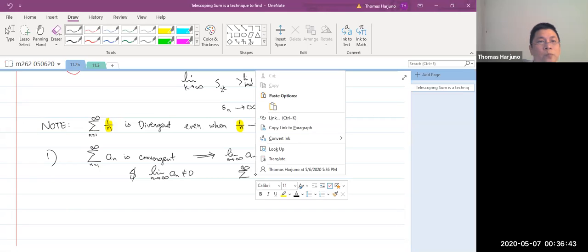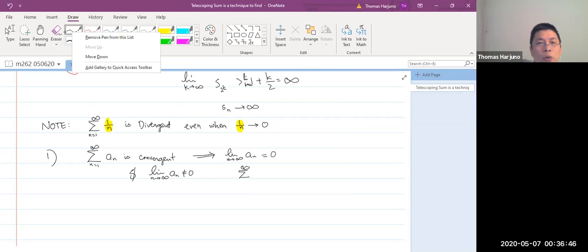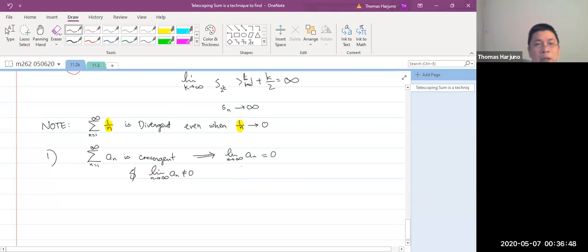So basically, the limit of S_{n-1} plus the limit of a_n is supposed to be the limit of S_n, because the nth partial sum is equal to the previous one plus the nth term.